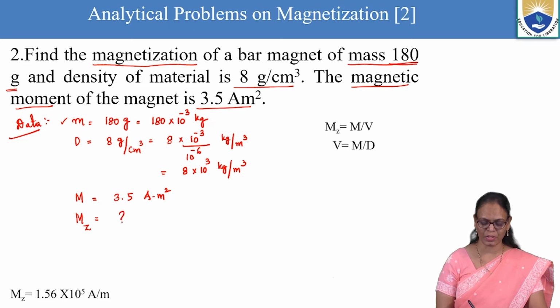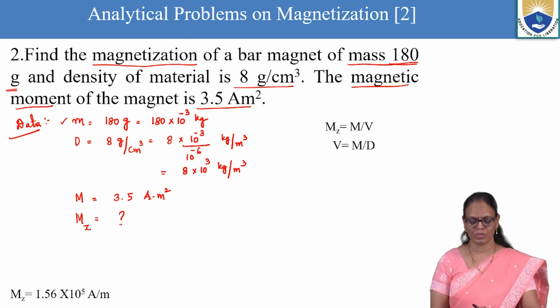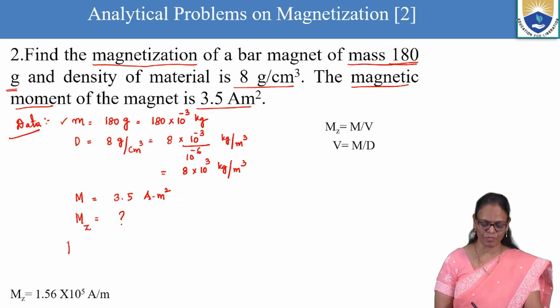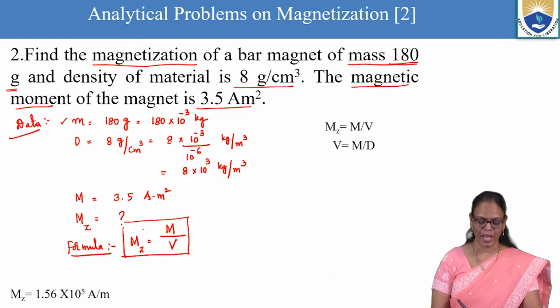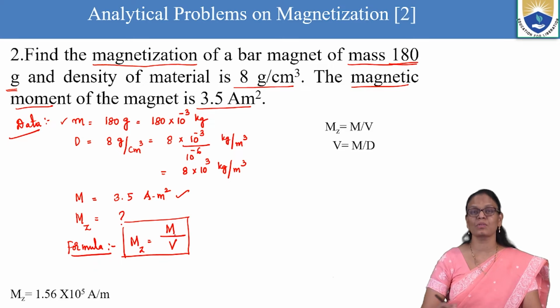So Mz is equal to how much? What is the formula we have for magnetization? Mz is equal to M by V. This is the formula. M is given, but V is not given. We have to first find the value of V.